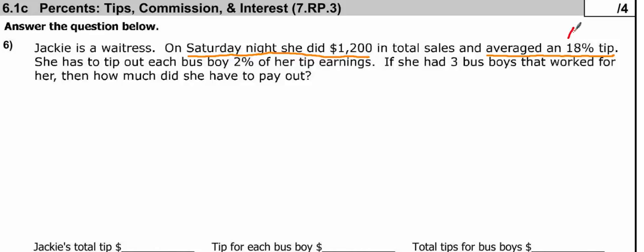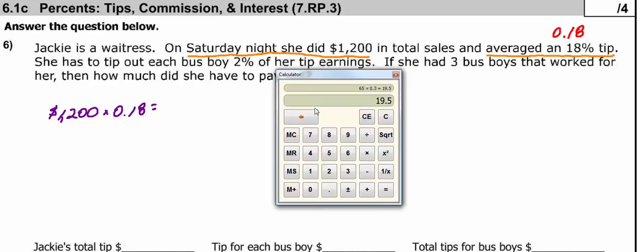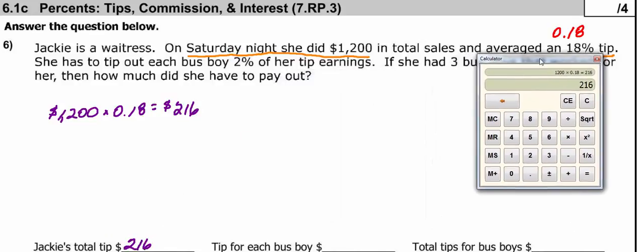So let's start by figuring out how much Jackie earned that night in tips. If she had $1,200 and she averaged 18%, the $1,200 times the 18% gave her $216. So she made $216 that night in tips.